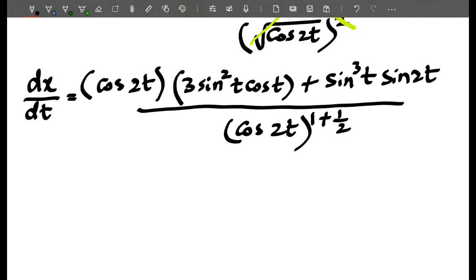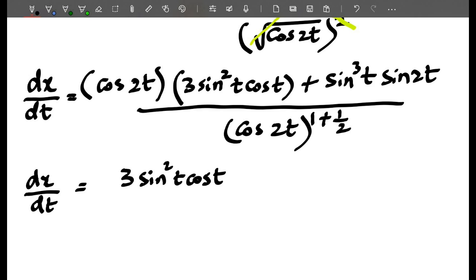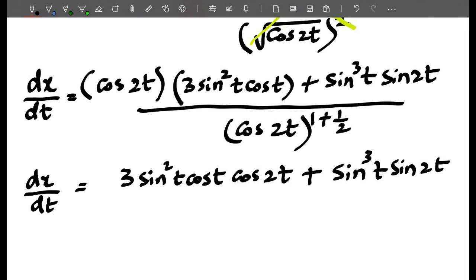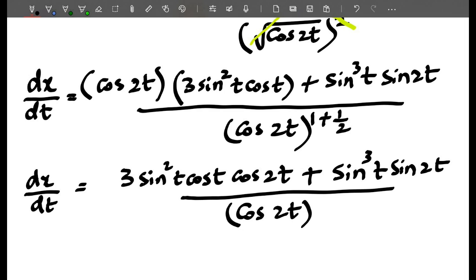Which gives us dx by dt is equal to 3 sine square t cos t cos 2t plus sine cube t sine 2t, the whole divided by cos 2t whole to the power of 3 by 2.